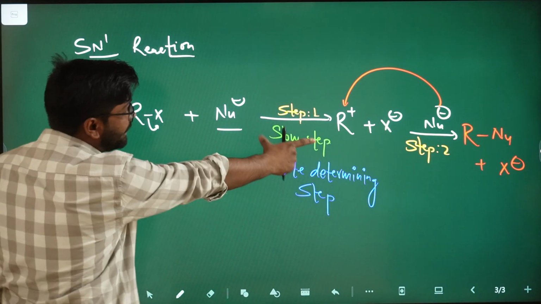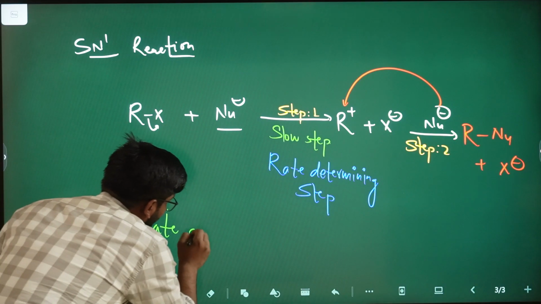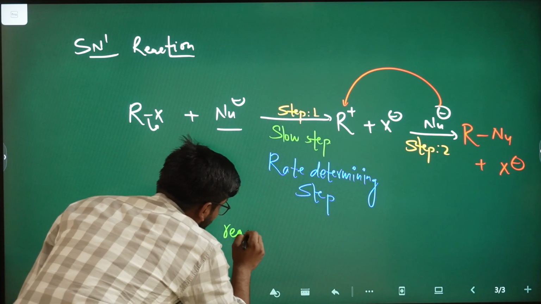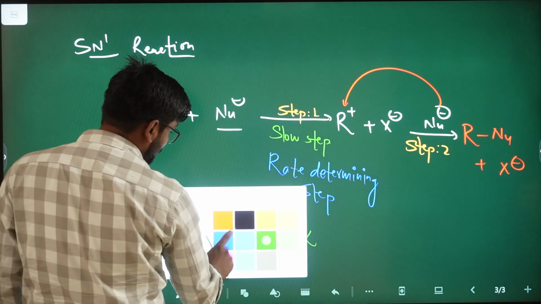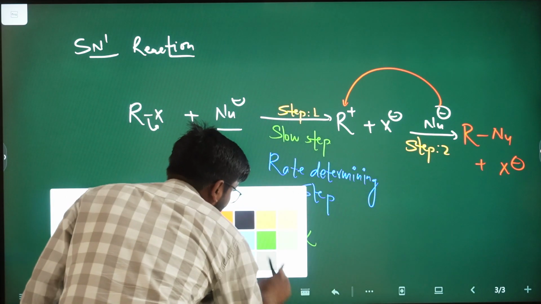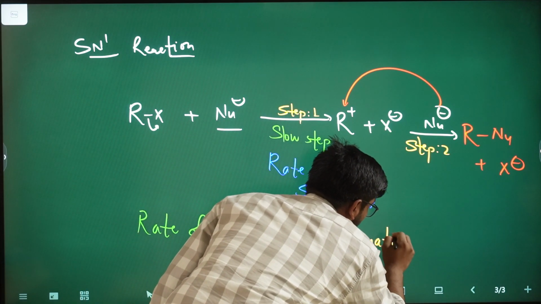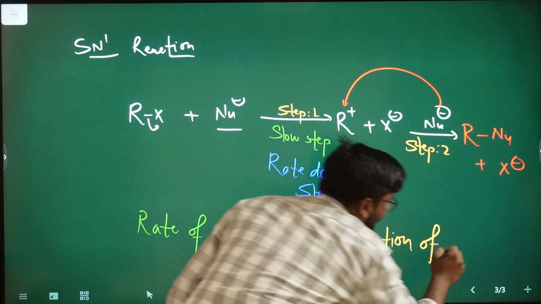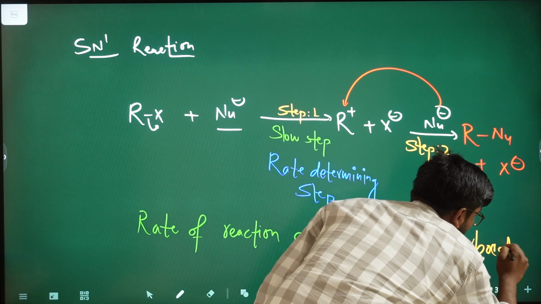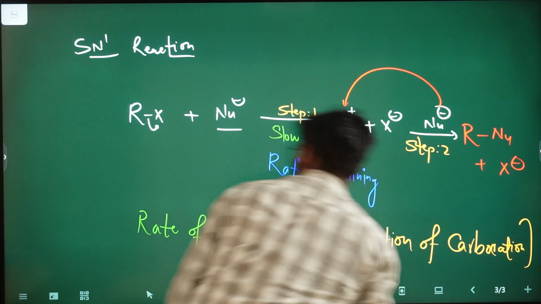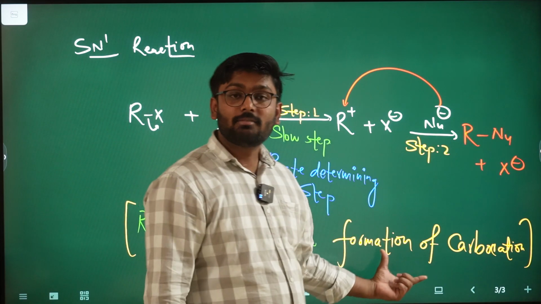So from here we can say the rate of reaction is directly proportional to formation of carbocation. So rate will depend on formation of carbocation.